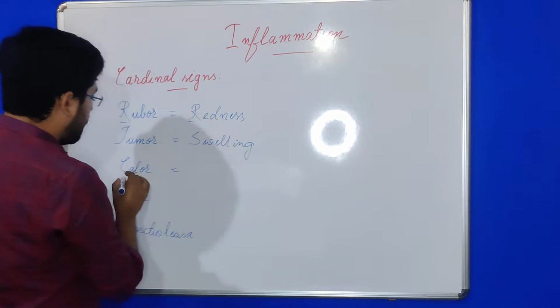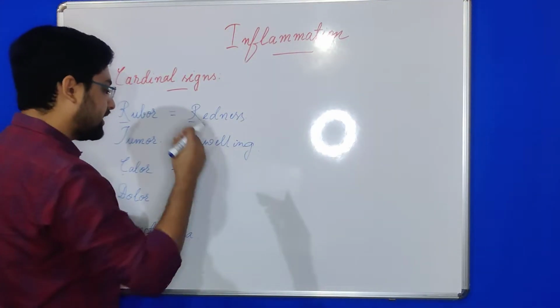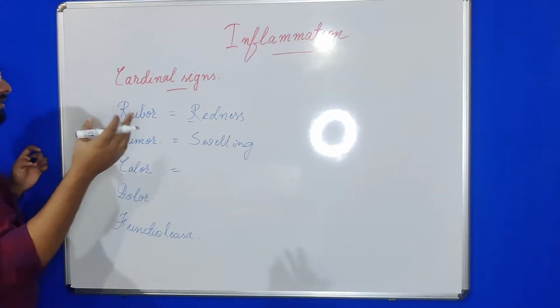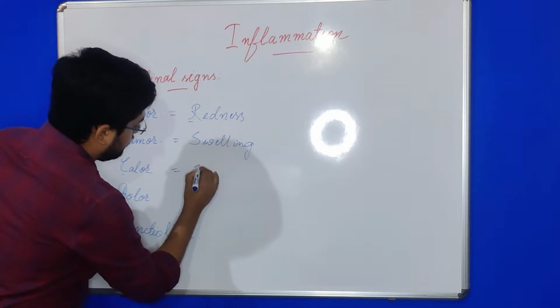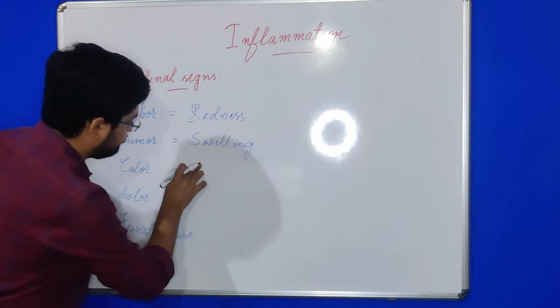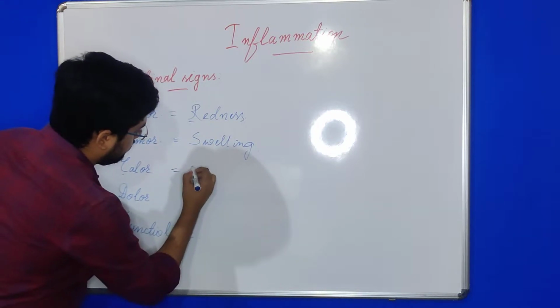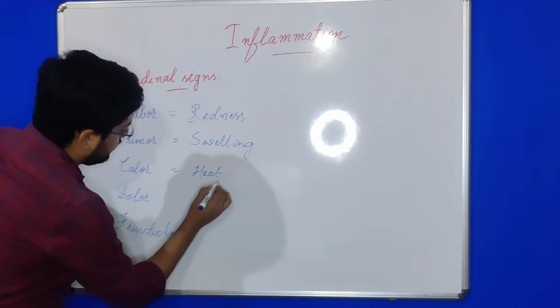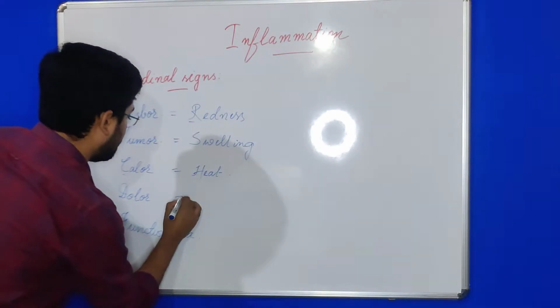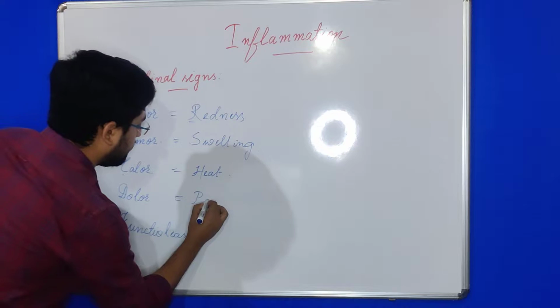The area will be hot. Calor. We can remember calor as calorie, meaning heat or energy. So calor means heat. The area will be hot. Dolor. Dolor means pain.